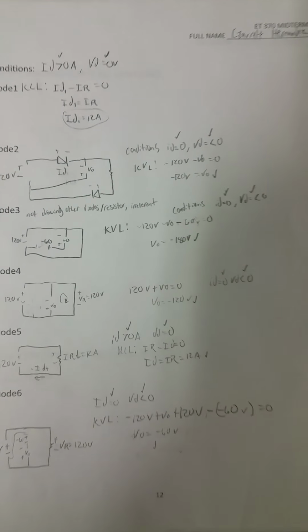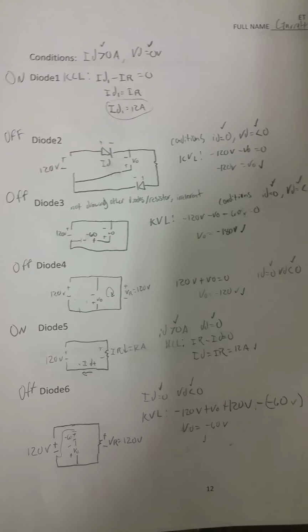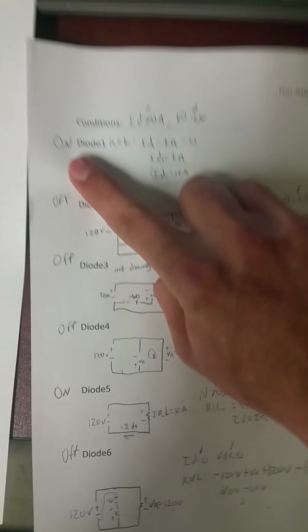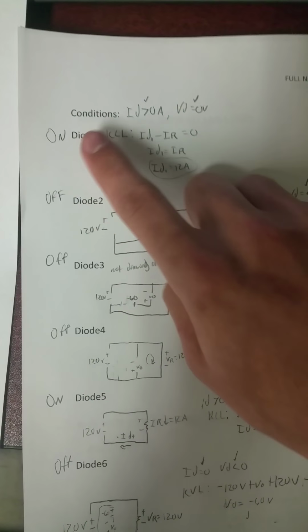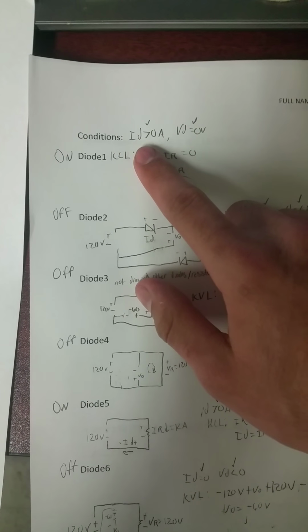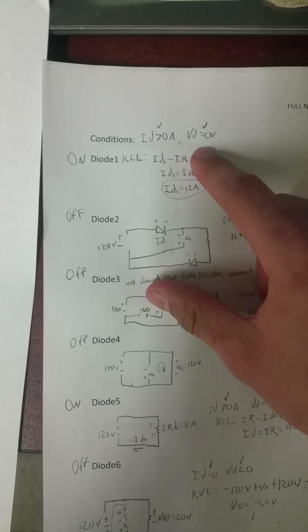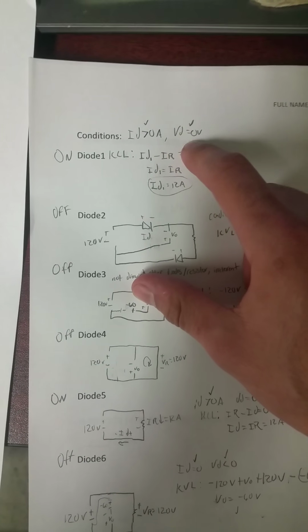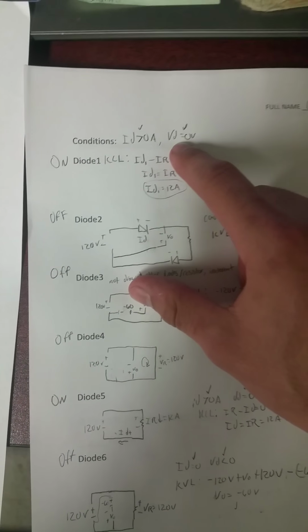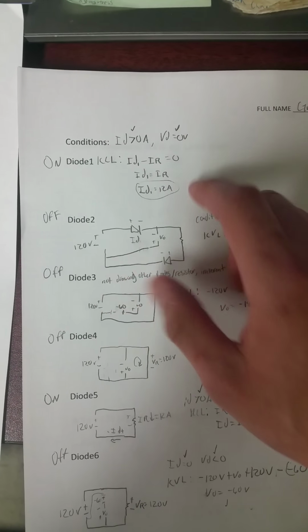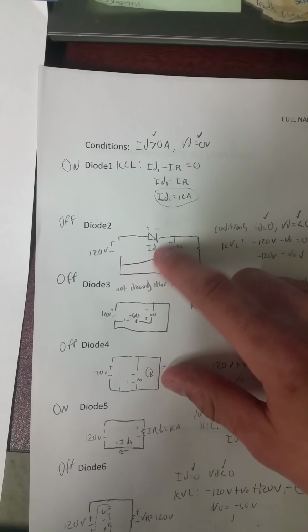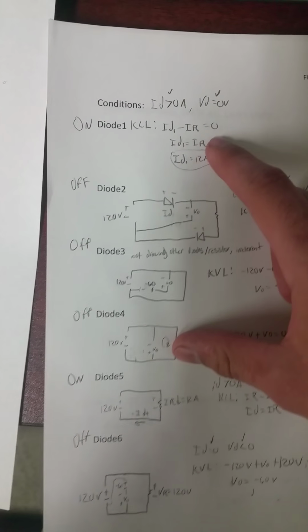So, okay. On to the descriptions. Now, here's my work. I'll walk you through each diode step by step. So, we have diode 1 over here, which I found was on. The conditions for it being on are the current needs to be greater than 0 amps, and the voltage needs to be 0 volts, because it's a short. There's 0 voltage across the short. Actually, that's diode 2. Pay no attention to that right now.